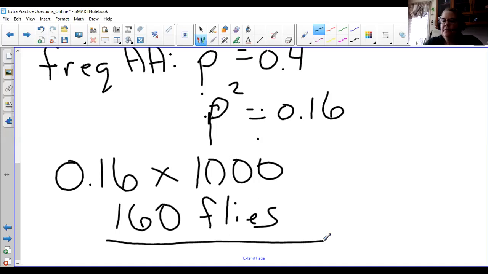So what I like about this particular question is it focuses us on remembering we have to go to that recessive trait. So even though the question gave me information on the dominant trait, I have to use that to find the frequency of the recessive trait, and then I can go on. Okay? All right.